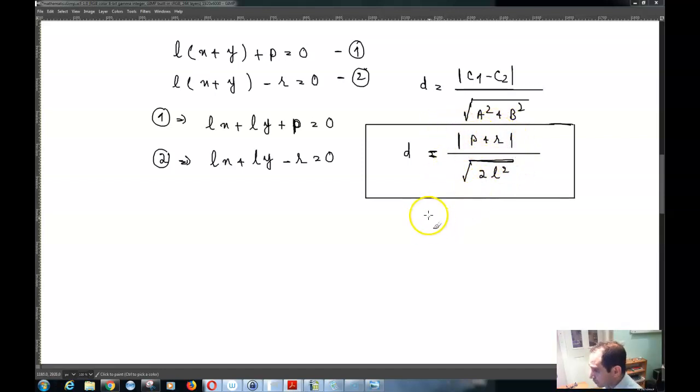They have simplified this: you have to keep p plus r in the absolute value function, and then this thing over here you can write as the square root of 2l squared, which is the square root of 2 times the square root of l squared.